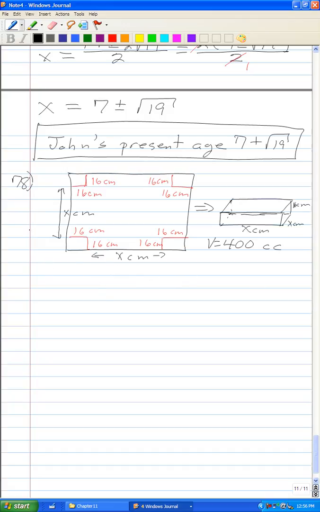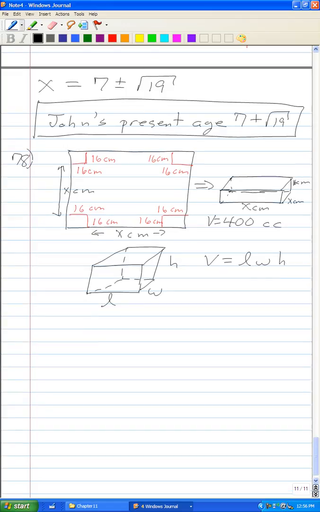So first off, note that the volume of a rectangular parallelepiped is length times width times height. And so I have that the volume 400 is equal to the length x, width x, height 16.